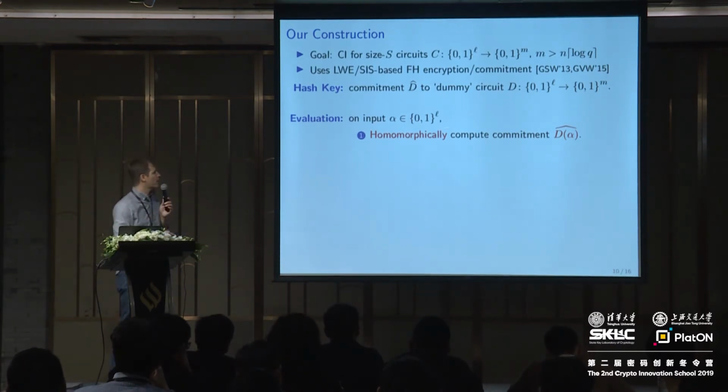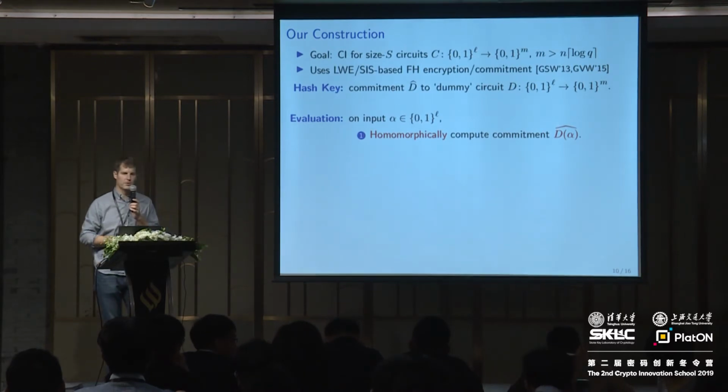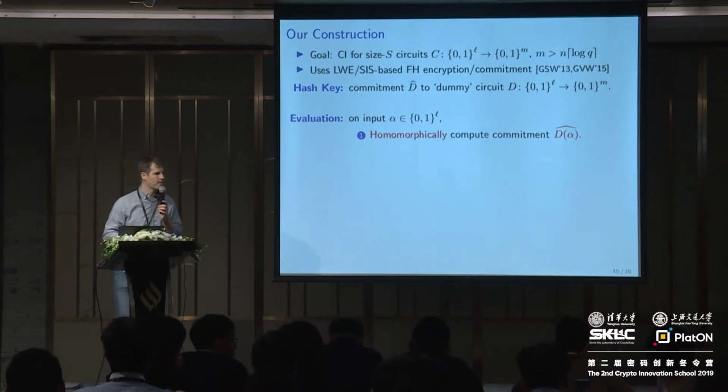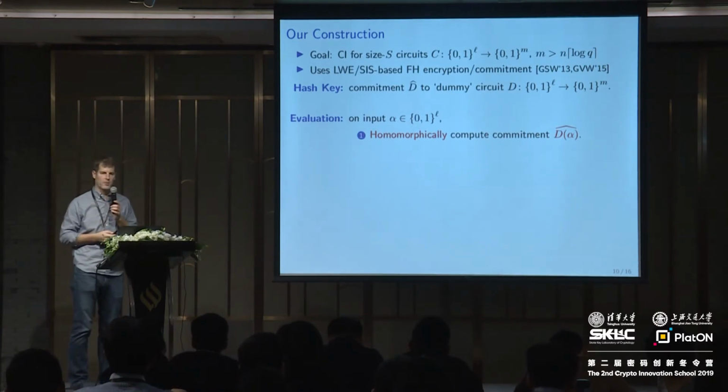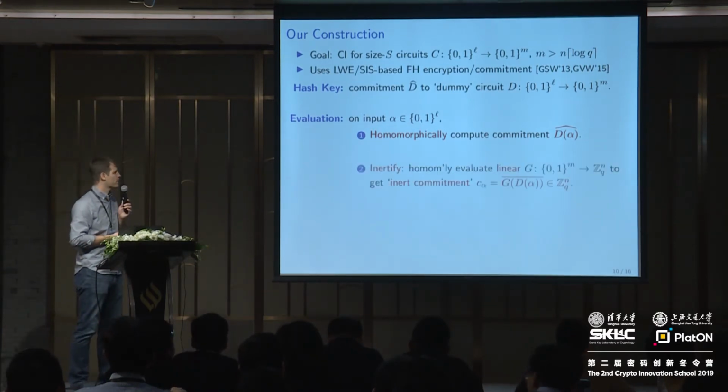So we can take the commitment to D, and using the full homomorphism, we can obtain a commitment to D of alpha. So that's just homomorphic evaluation. We compute this commitment.